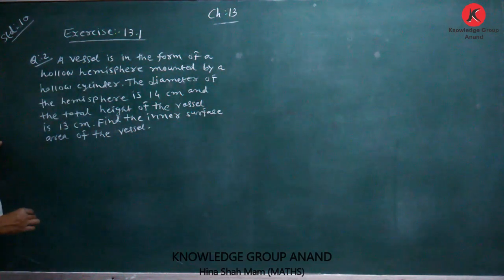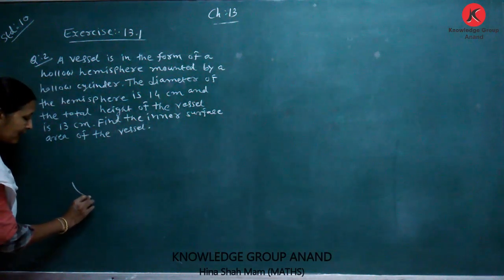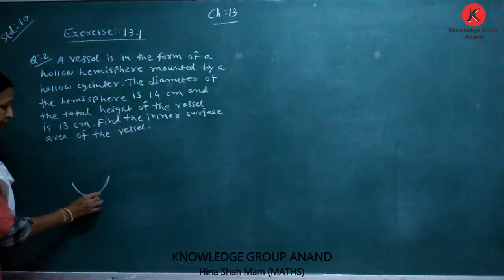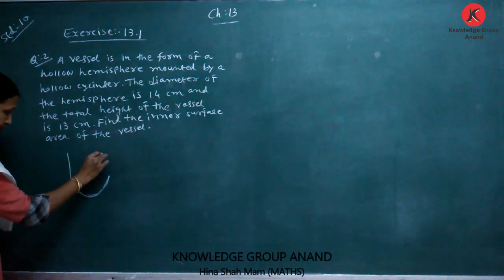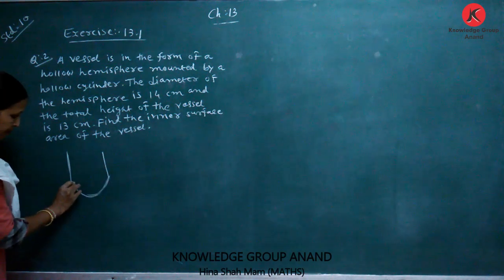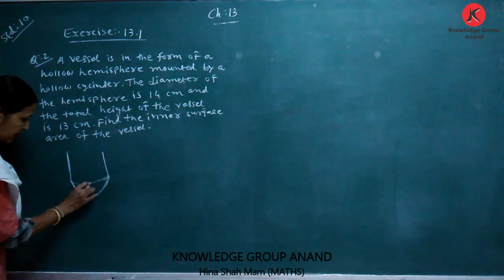A vessel is in the form of a hollow hemisphere. Here the vessel is like this, hollow hemisphere and mounted by a hollow cylinder.